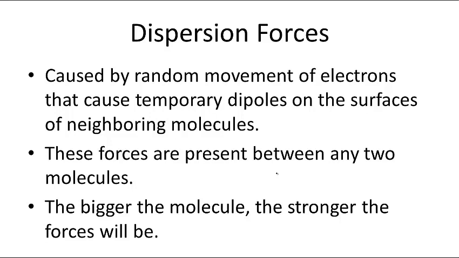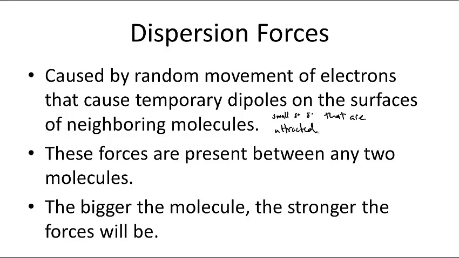So really these are really small partial pluses, partial minuses that are attracted. They're much smaller than in polar molecules because they're only temporary and they're very slight, but they will exist temporarily.